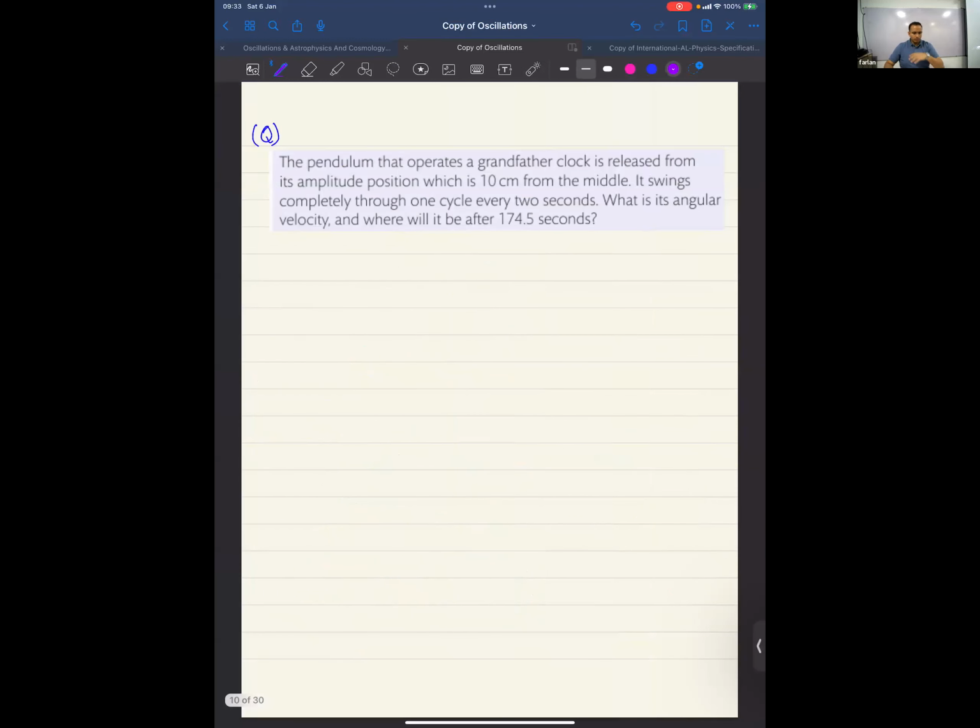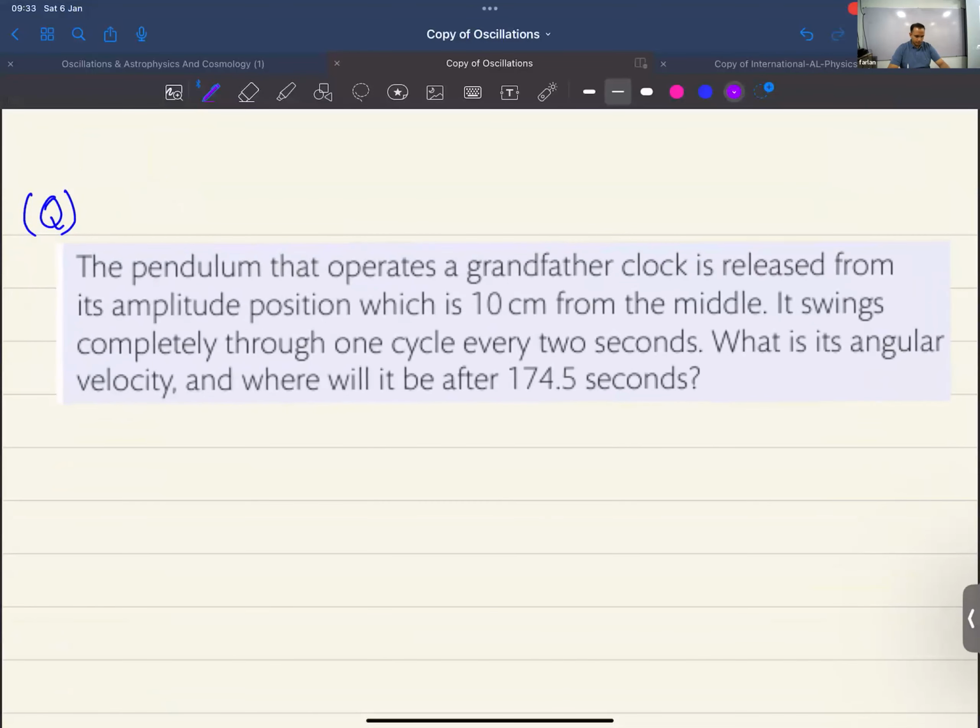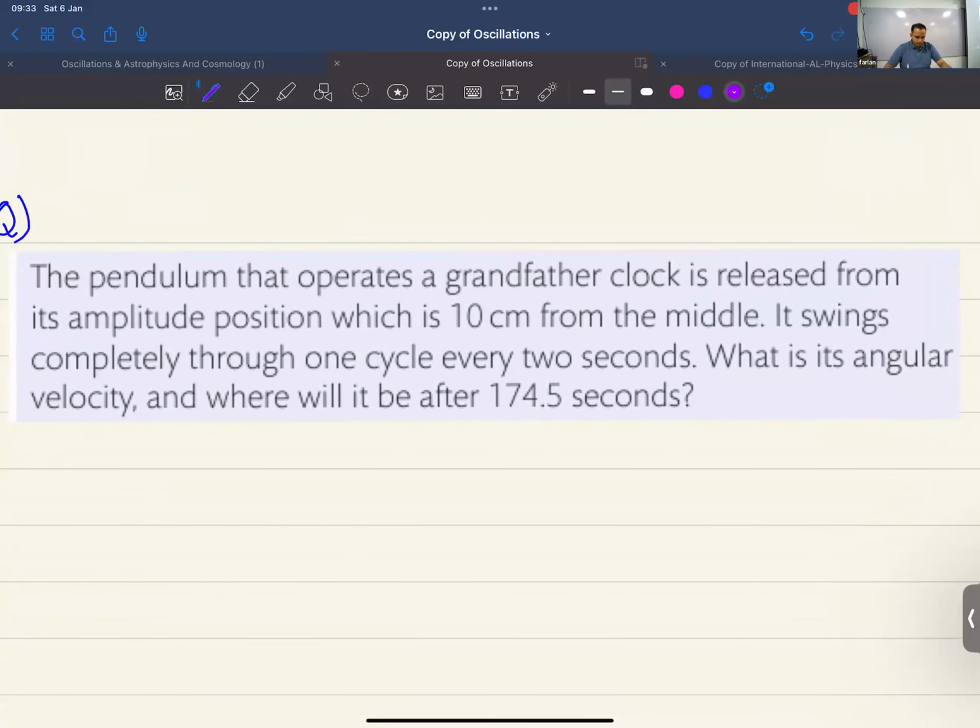Okay, write down a question. The pendulum that operates a grandfather clock is released from its amplitude position which is 10 centimeters from the middle. Full stop.